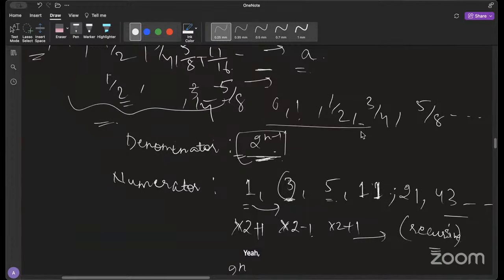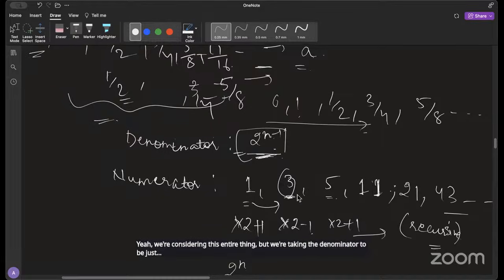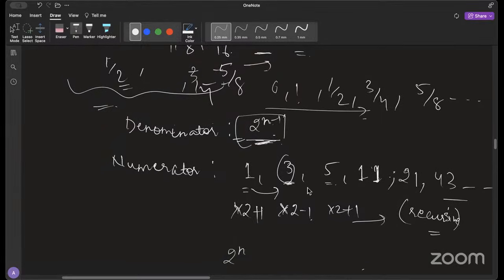Yeah, we're considering this entire thing, but we're taking the denominator to be this. If we consider the sequence to be this, then this denominator works.